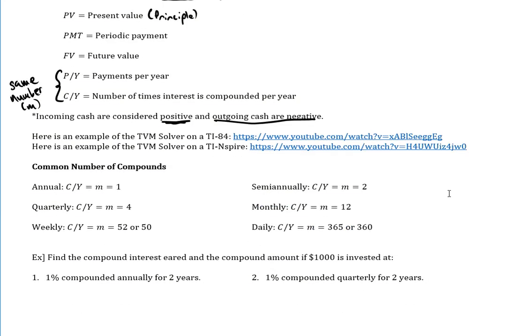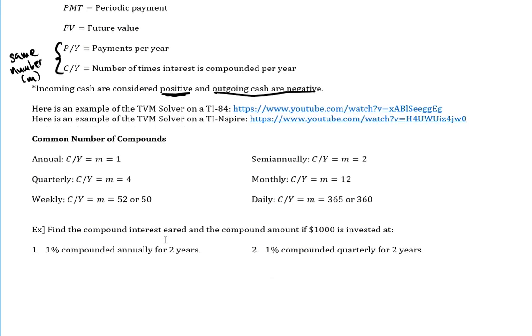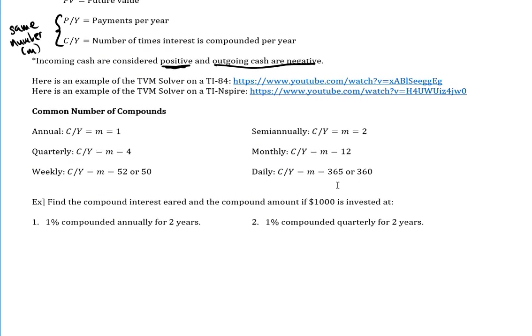Okay, so anyway, if you have this document, you could click on it and work on it or to see those. But again, I'll show you the free resource. So, common number of compounds. These are compounds per year. I just use C over Y. Again, it could be the same as P over Y. Annual means it's getting compounded one time per year. Quarterly, there's 4 quarters in a year, so that means we would have 4.